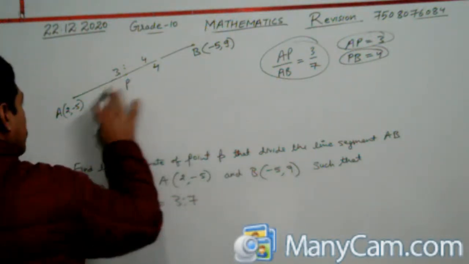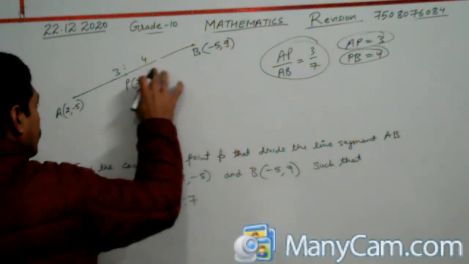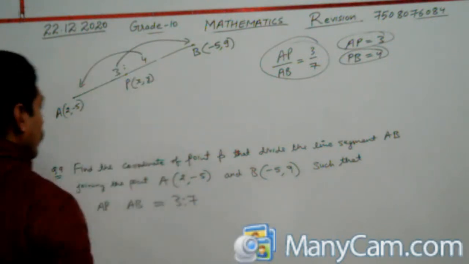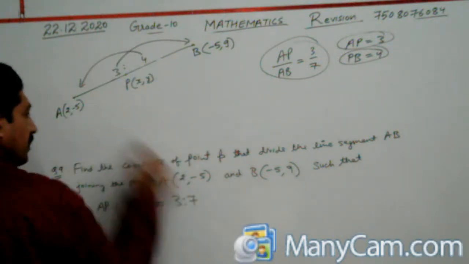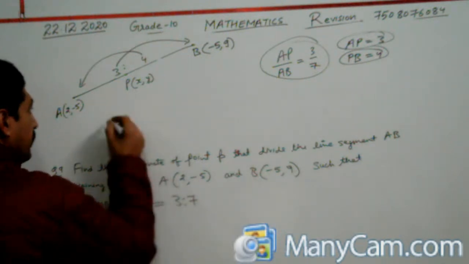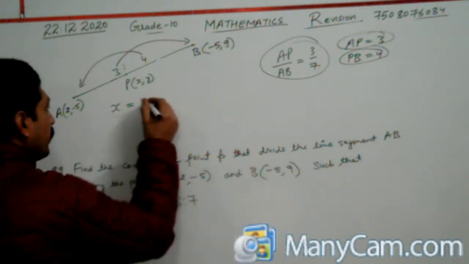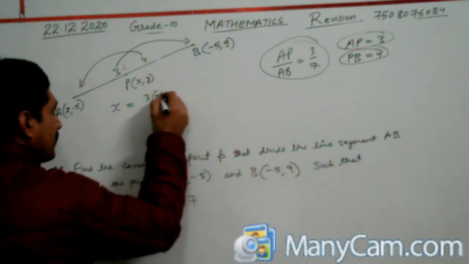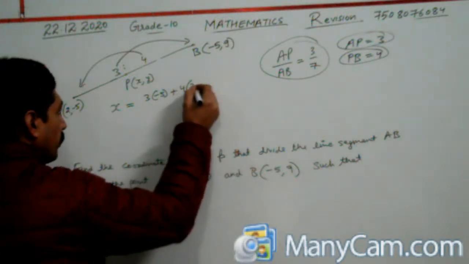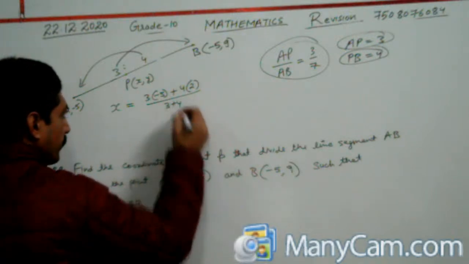We are interested in finding the coordinates of point P. So for the coordinates of point P, x is equal to 3 into minus 5 plus 4 into 2, divided by 3 plus 4.